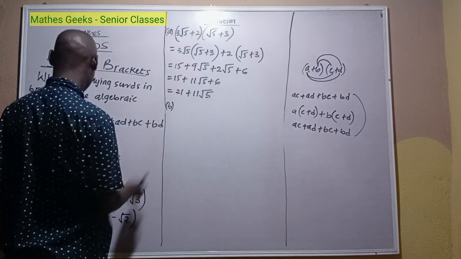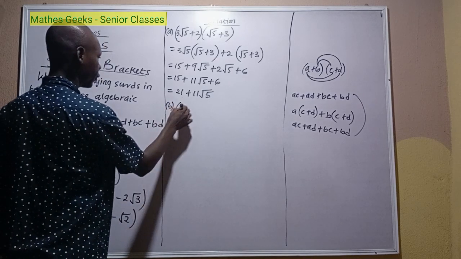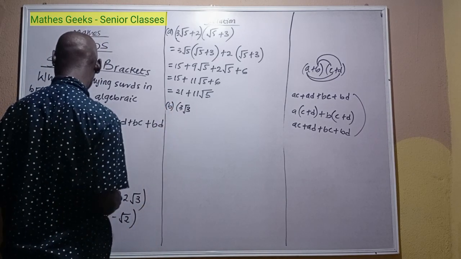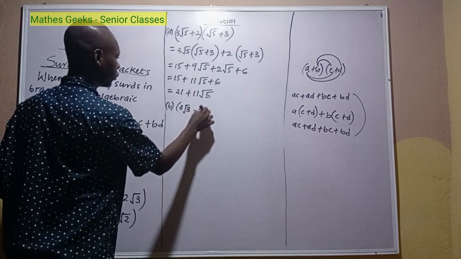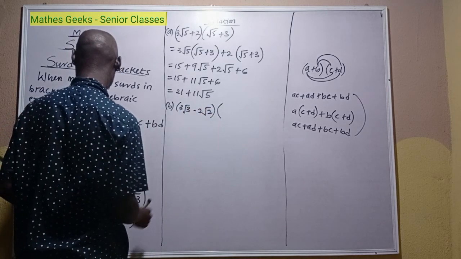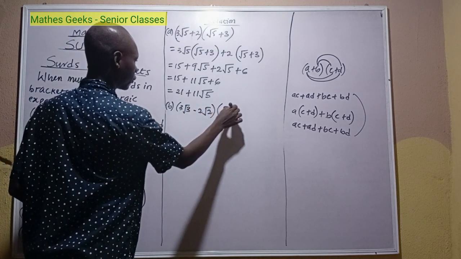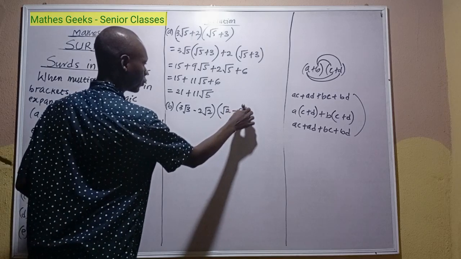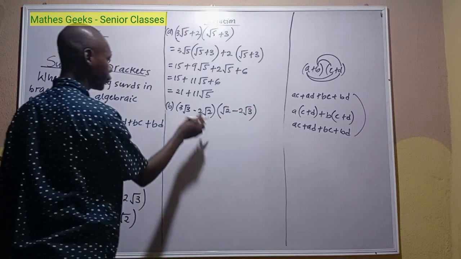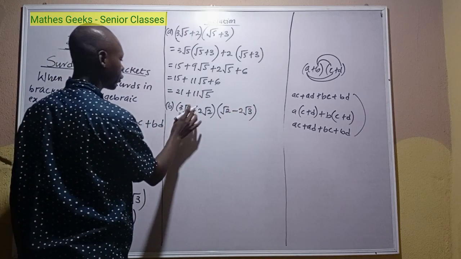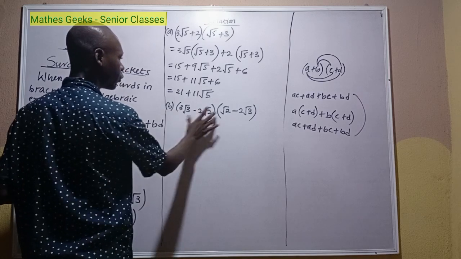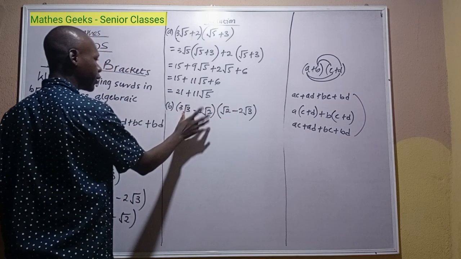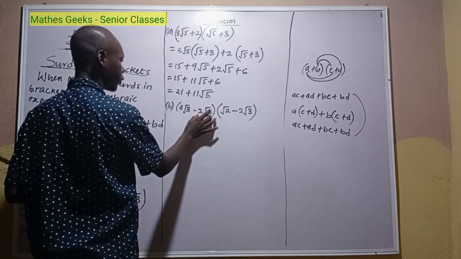B. (3 root 3 minus 2 root 2)(root 2 minus 2 root 3). There are two brackets, and in each bracket we have terms. This is the first term, this is the second term.